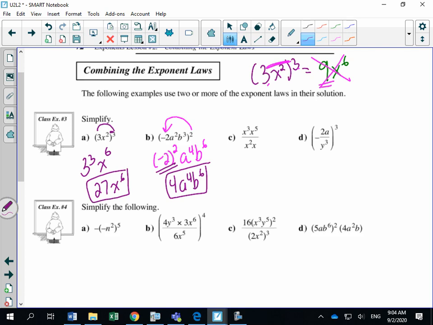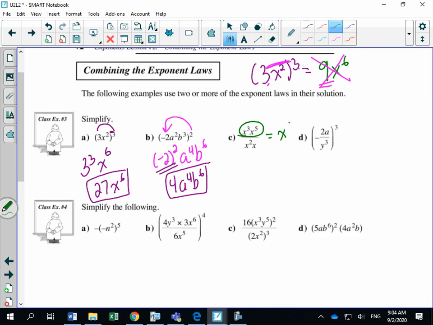It's quotient law. In C, there are 2 different laws happening, and there are a couple of different ways you could answer. At first, I was going to say x to the 3 divided by x to the 2, which would be x to the 1, and then take care of these x's. You can absolutely do that, or the other thing I just realized is I could take care of my numerator with the product law.